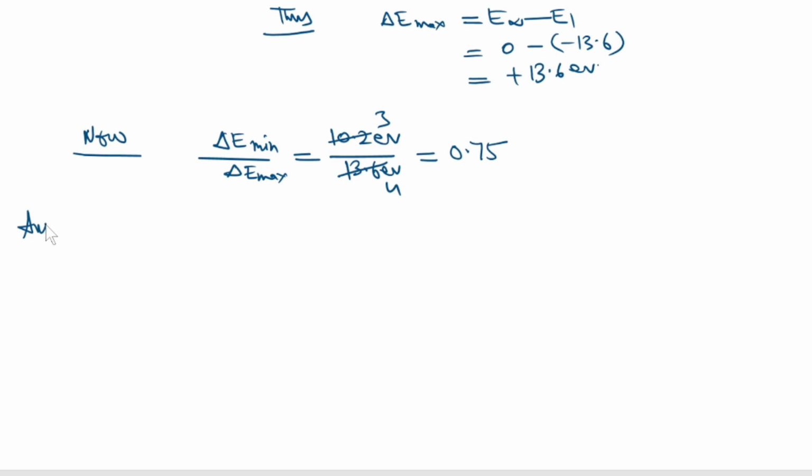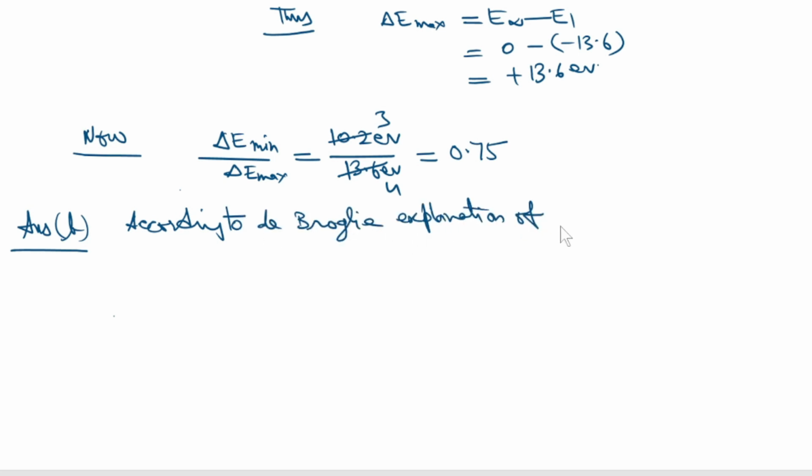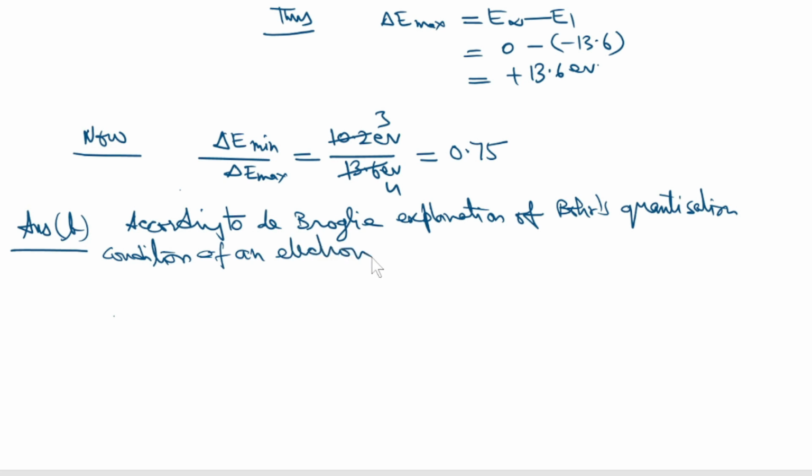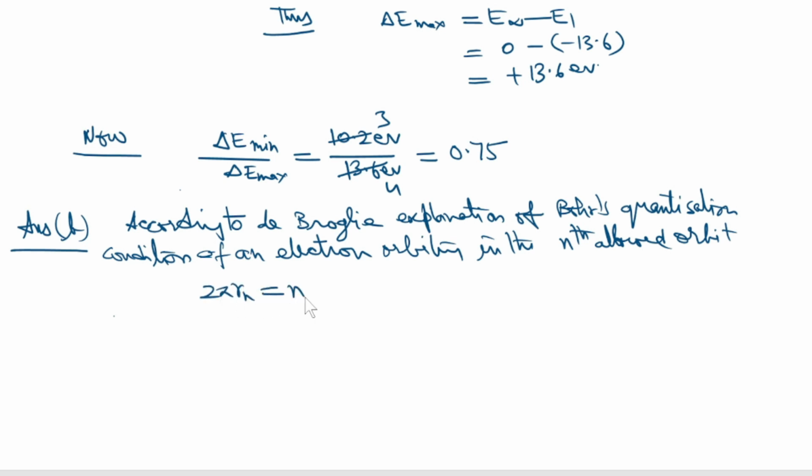Answer part B. According to de Broglie explanation of Bohr's quantization condition of an orbiting electron, 2 pi Rn is equals to n times h by 2 pi.